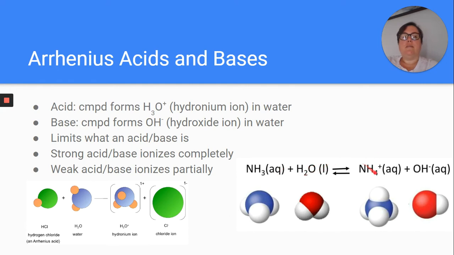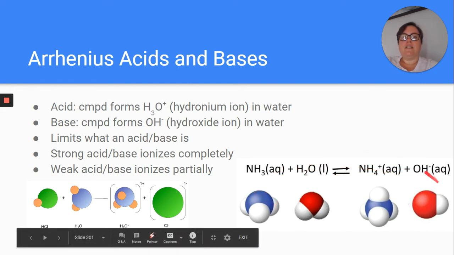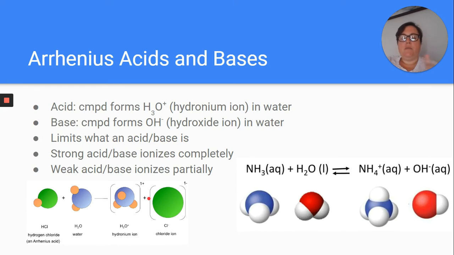So the arrows are going back and forth. So really this reaction is flipping back and forth constantly over time. So strong acids and bases break apart all of the time, 100%, completely ionizes. Weak acids and bases only ionize partially. So sometimes you find them as their original self, and sometimes they're not.